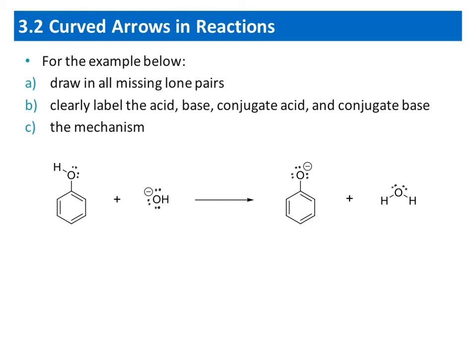Now let's label each structure. So if you look here, phenol gets deprotonated, loses the proton, and is converted to phenoxide. So phenol is our acid here, and phenoxide is our conjugate base.